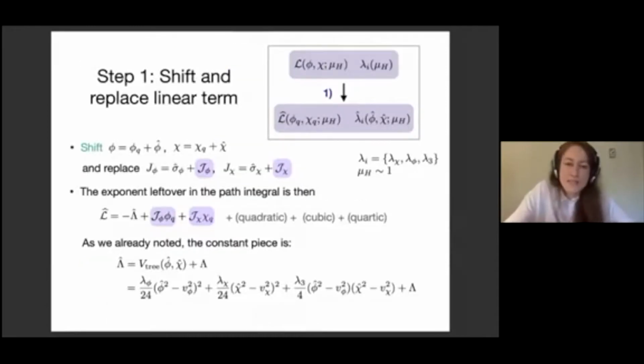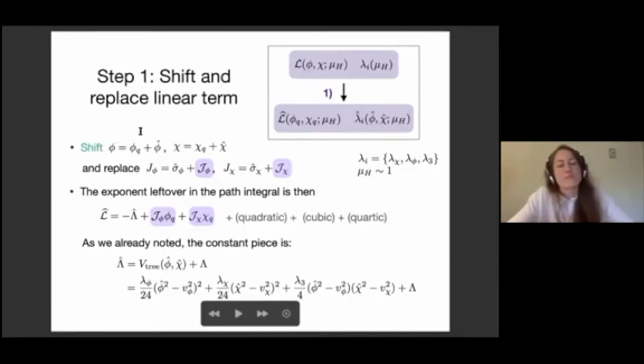Okay, so step one is to do what I already told you we should do in the usual case. Step one is I shift the fields. So I shift phi to phi quantum plus phi hat, and similarly for chi. And I'm going to replace the sources by their tree level piece plus their one loop piece, these curly j's.